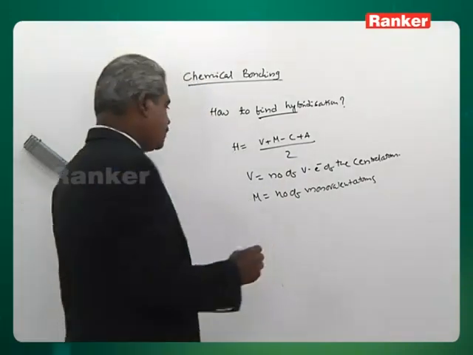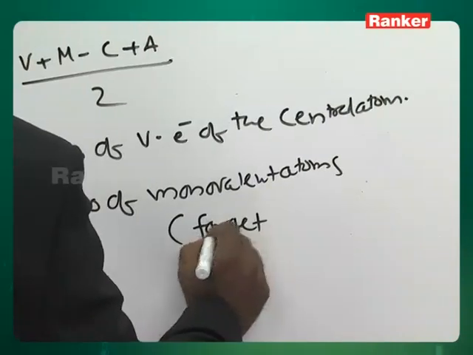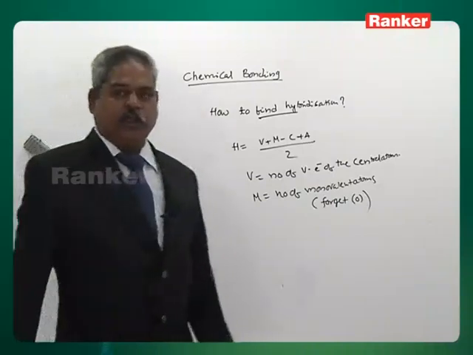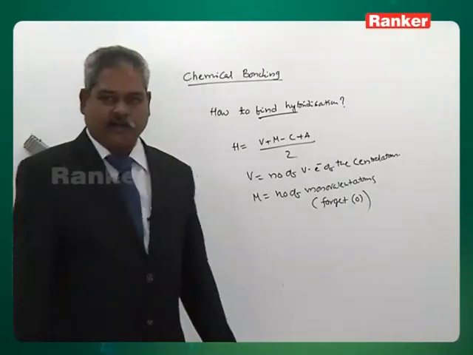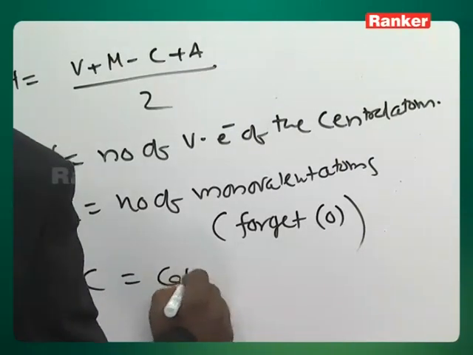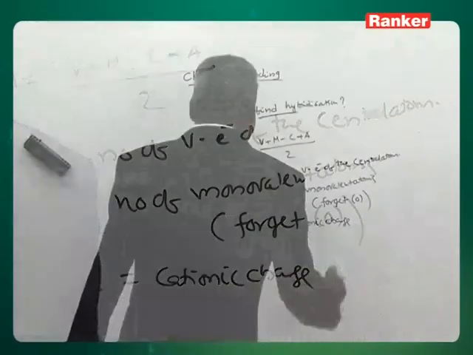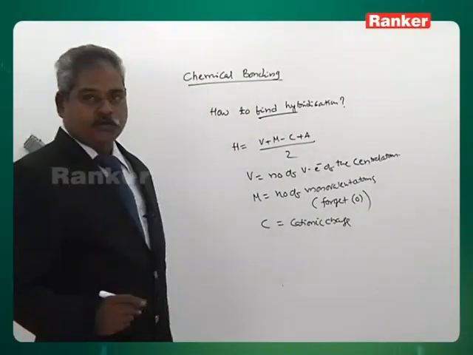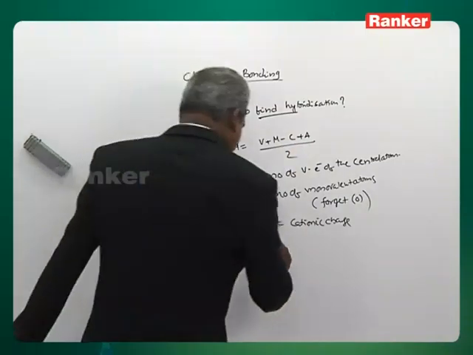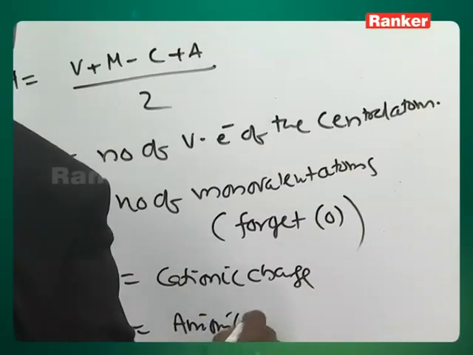Forget oxygens. Ignore oxygens. In SO3, the 3 oxygens are not counted at all. Then C is the cationic charge, the charge of a cation: if there is some positive charge, as a positively charged ion, you subtract the charge. A is the anionic charge.